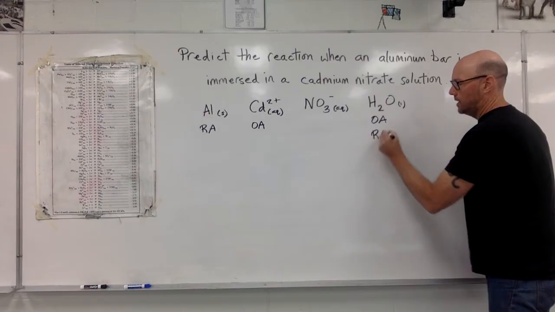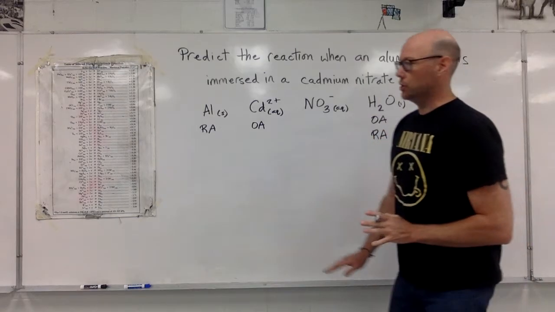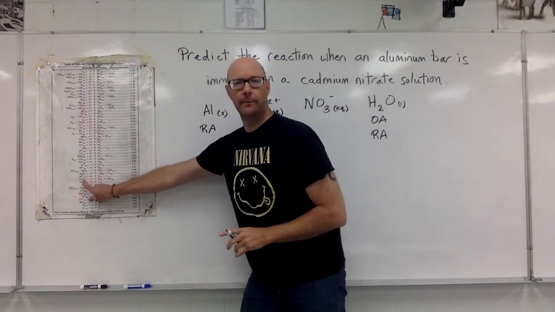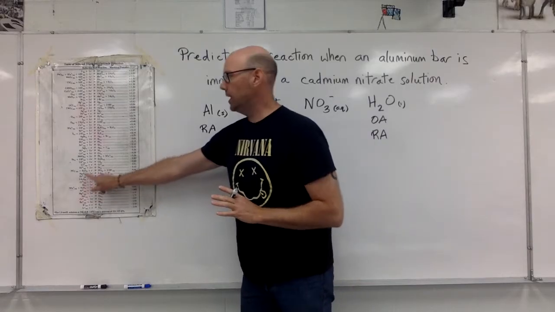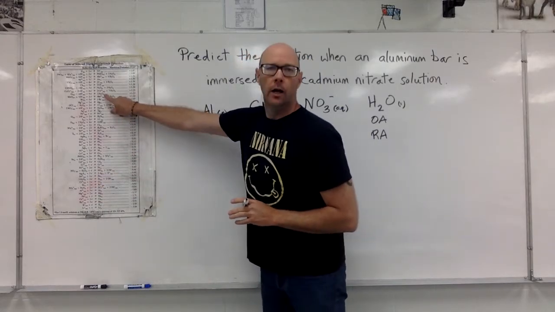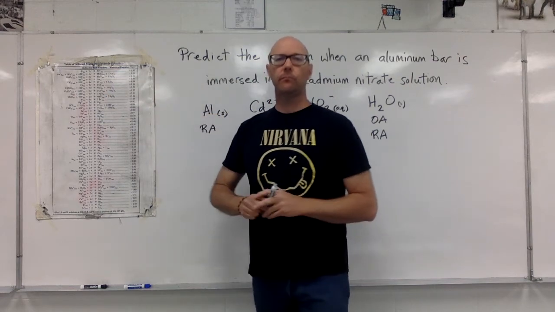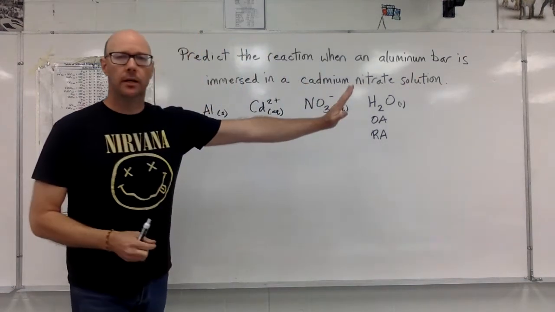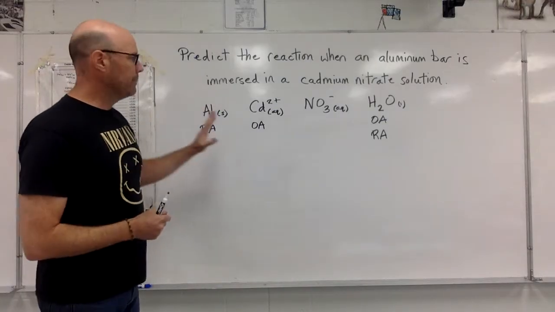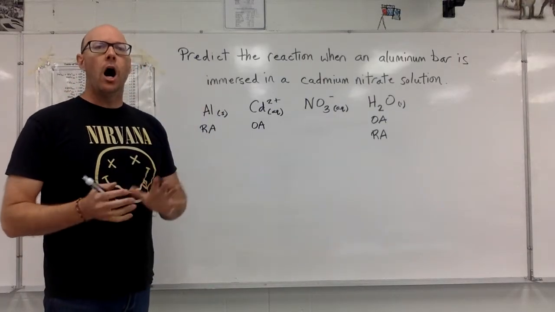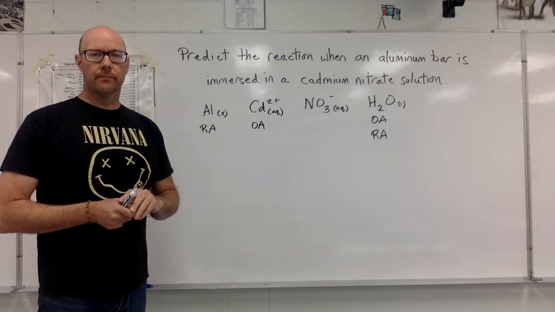It's an oxidizing agent and a reducing agent. I can find it on the left-hand side of the table right here as an oxidizing agent, and up here on the right-hand side as a reducing agent. It's both. The first step is to make a list. The second step is to label all of the possible oxidizing and reducing agents.